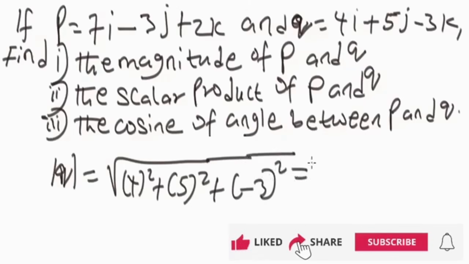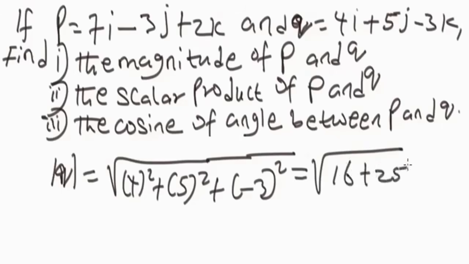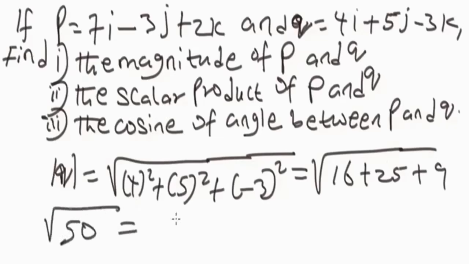So if you simplify, you're going to have square root of 4 squared is 16, plus 5 squared is 25, plus minus 3 squared rather is 9. Alright, so when you simplify, we're going to have square root of 50. So if we break this down, it's going to give us 7.07. Alright, so this will be the magnitude of vector Q.